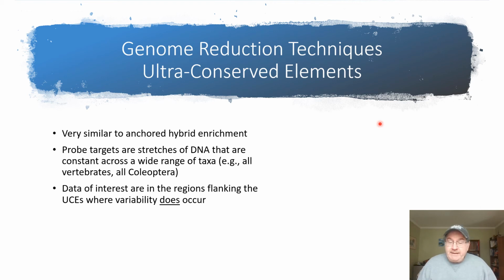But they turn out to be present, and people have designed UCE probe sets for wide-ranging groups of organisms. There's a UCE probe set that works for all vertebrates. There's a UCE probe set that works for all Hymenoptera, for example, or at least it works for a wide range of Hymenoptera. Should never say all.